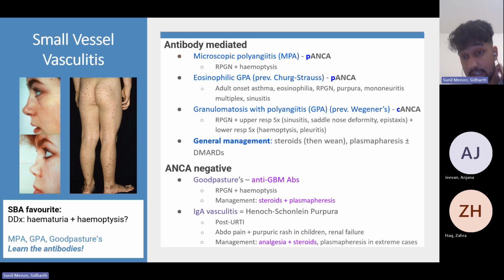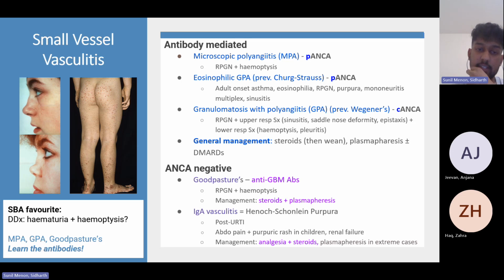If there's end-stage renal failure, which can happen in this, you do a renal transplantation. The risk factors that increase the likelihood of pulmonary hemorrhage would be things like smoking, pulmonary edema, lower respiratory tract infection.